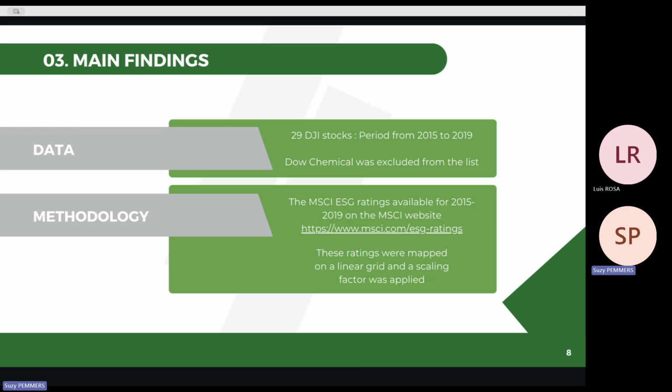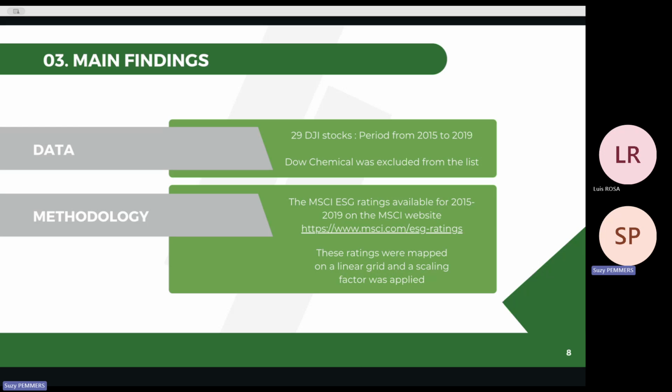About the methodology, the sources from the MSCI ESG ratings are all from the website over there, and the ratings were mapped to a linear scale and normalized to a range of 0 to 1.